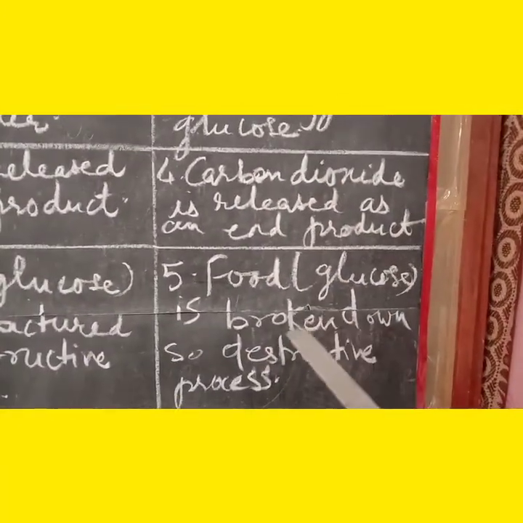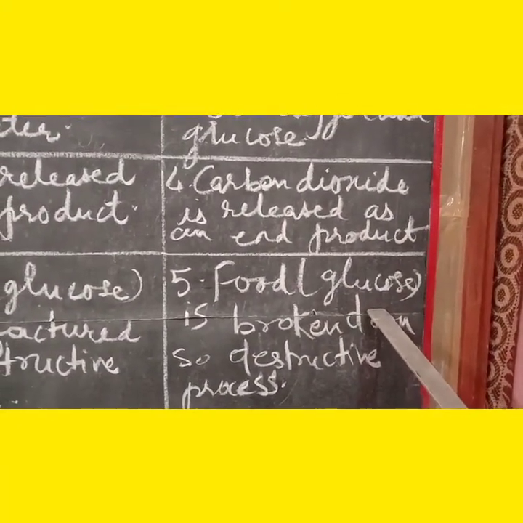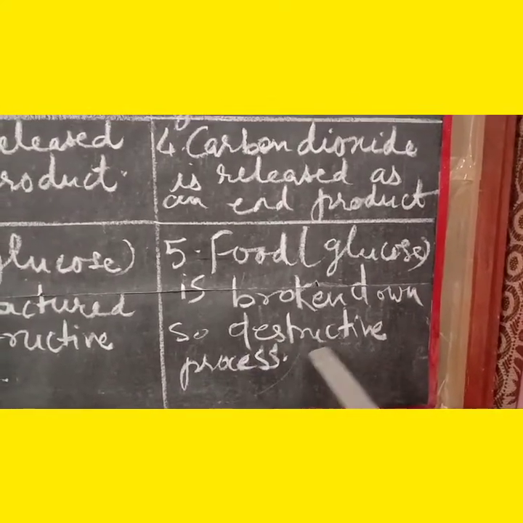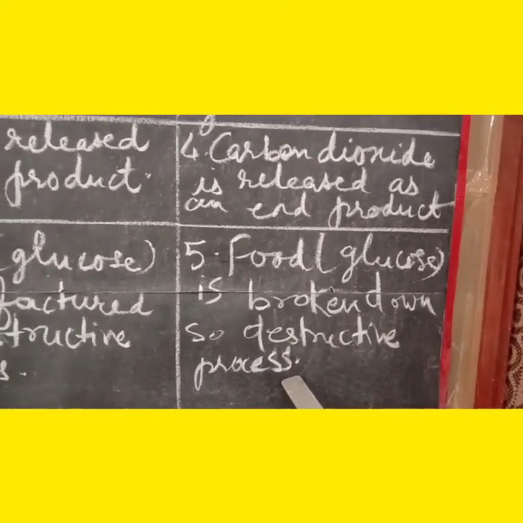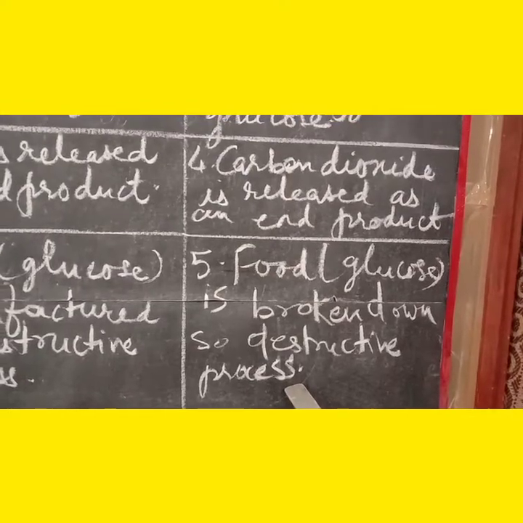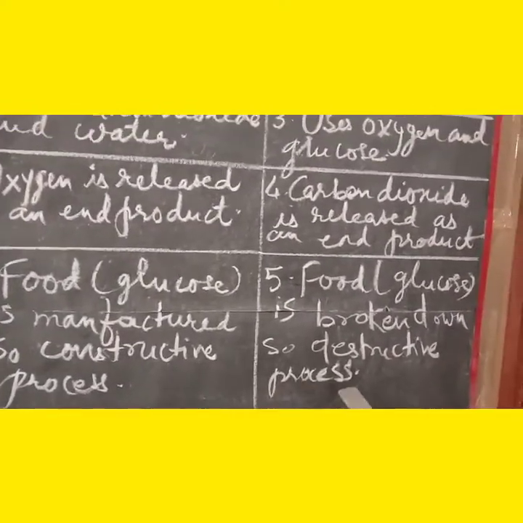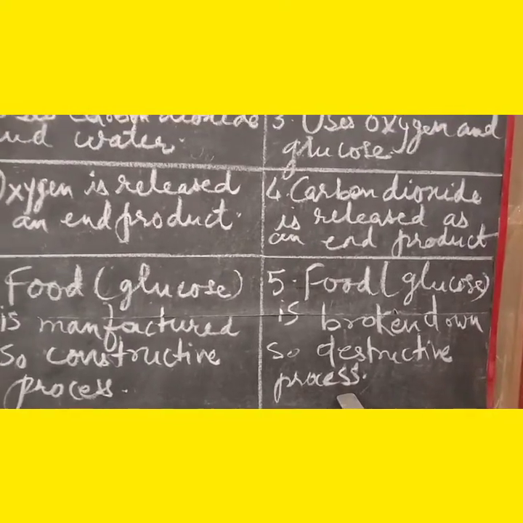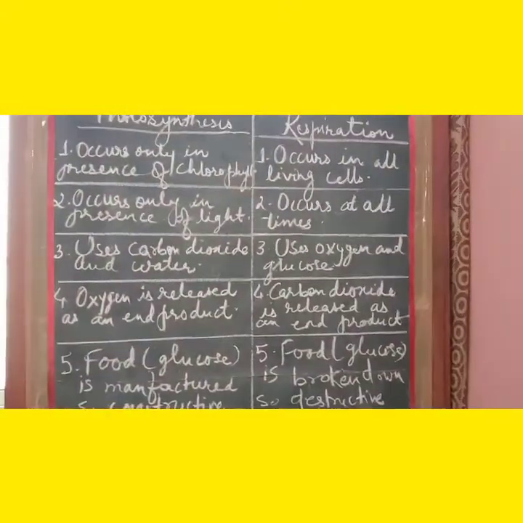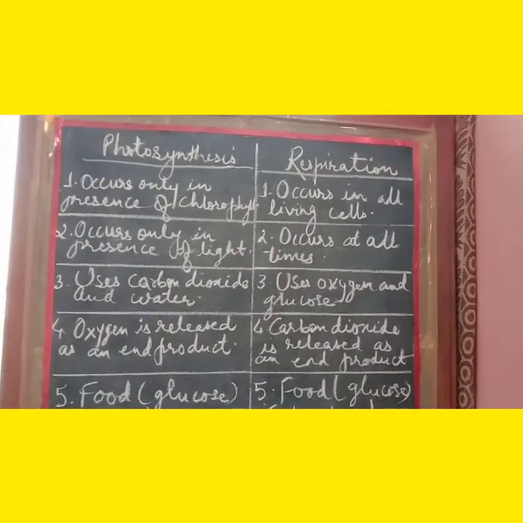Respiration involves breaking down of glucose, and that is why it is a destructive process. In biology, we call it a catabolic process. So photosynthesis is anabolic, whereas respiration is catabolic. So this is how we can differentiate between photosynthesis and respiration.